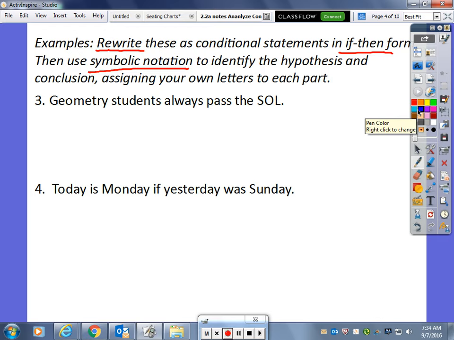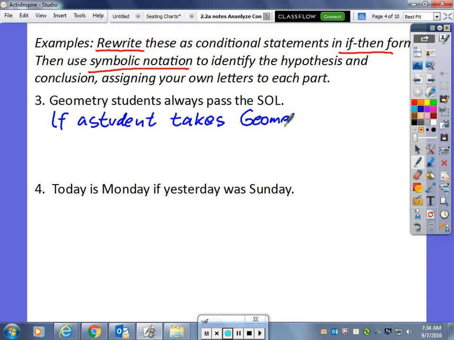The hypothesis here is if a student takes geometry, and the conclusion is, then he or she will pass the SOL.